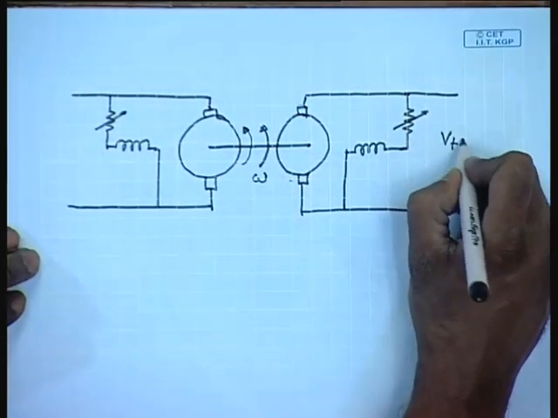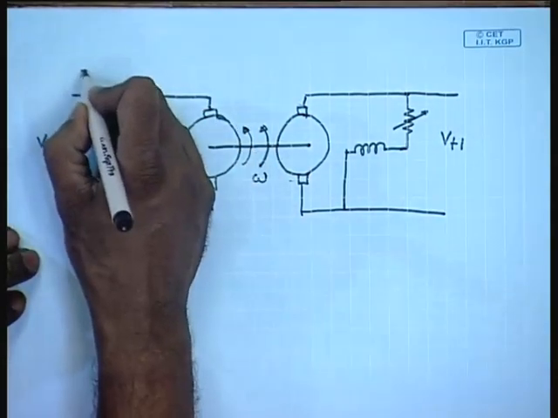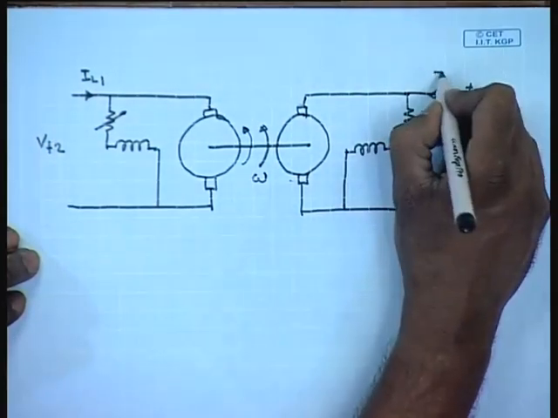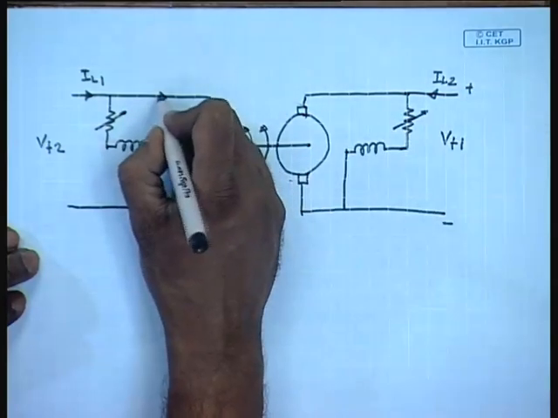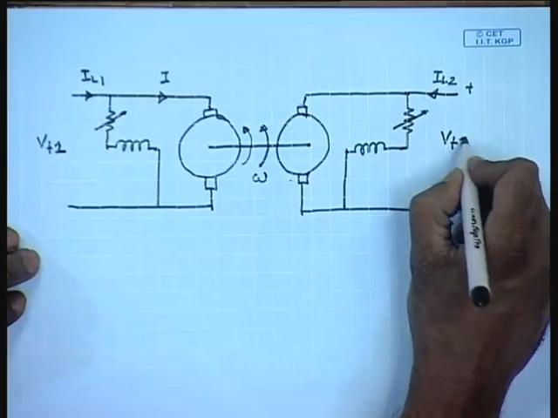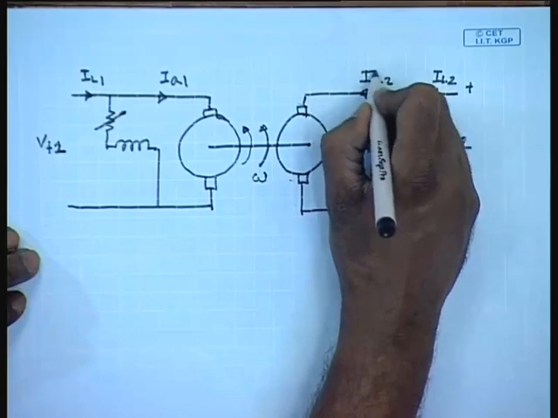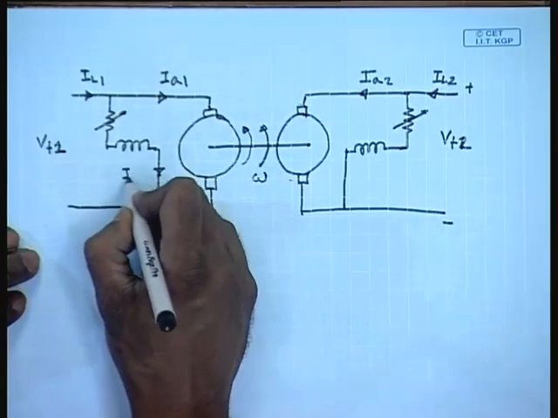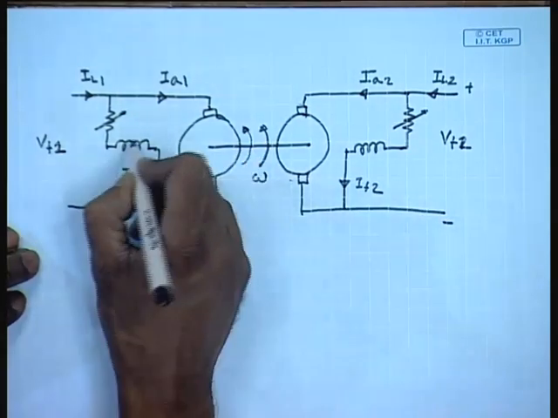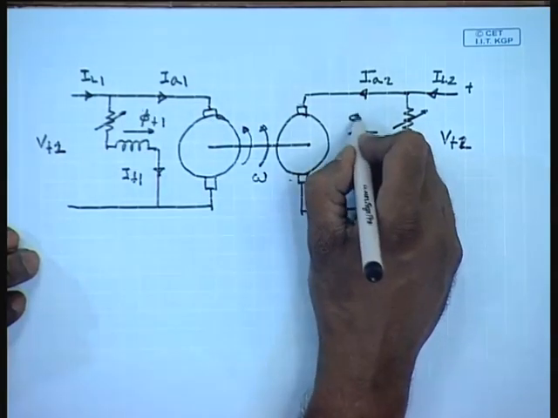This is Vt1, this is Vt2, this is IL1, this is IL2, this is Vt1, Vt2, IA1, IA2, IF1, IF2, this flux is phi F1, this is phi F2.